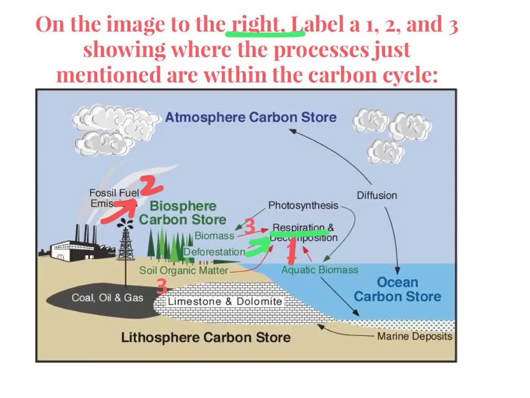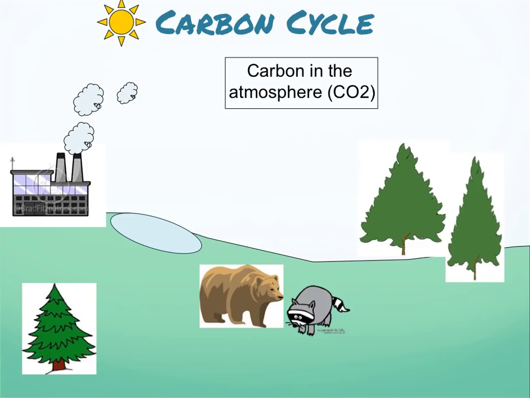CO2 emitted from factories going into the atmosphere. And then we also have 3, decomposition. Again, plants releasing some CO2 in the atmosphere. I did put another 3 down here because decomposition is also the plants going down into the ground and soil, which we'll talk about later.